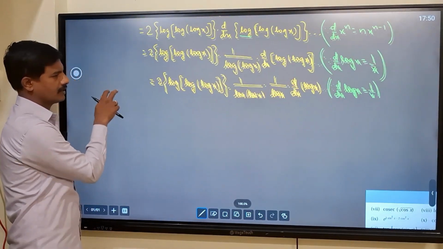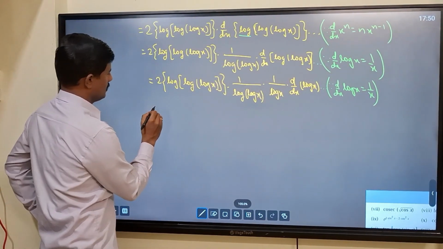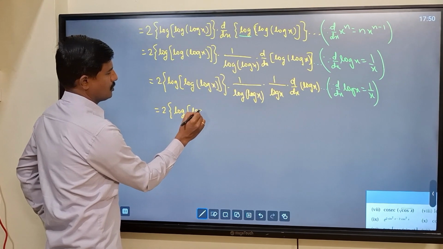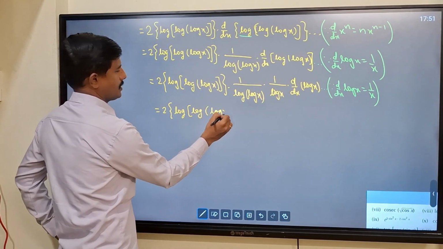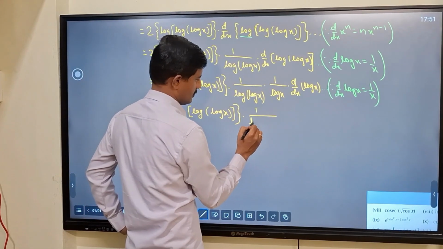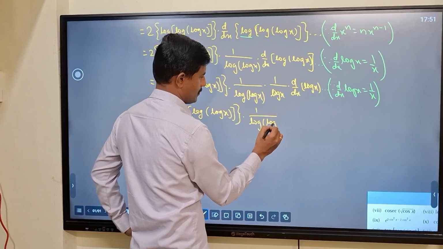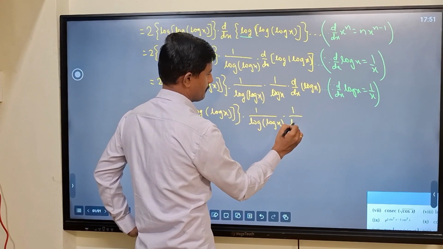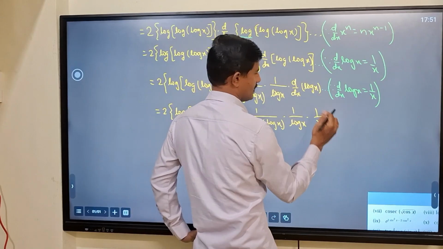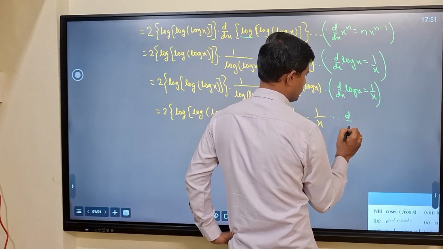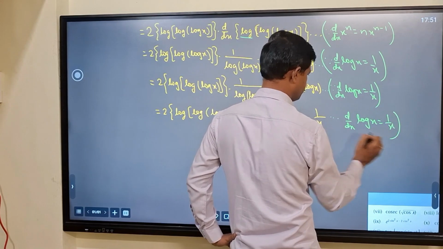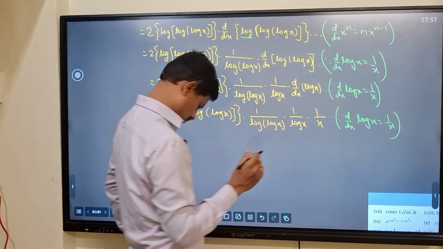Now next, 2 log of log x, 1 upon log of log x into 1 upon log x, and here it will become 1 upon x. Again this formula: d/dx of log x is 1 upon x.